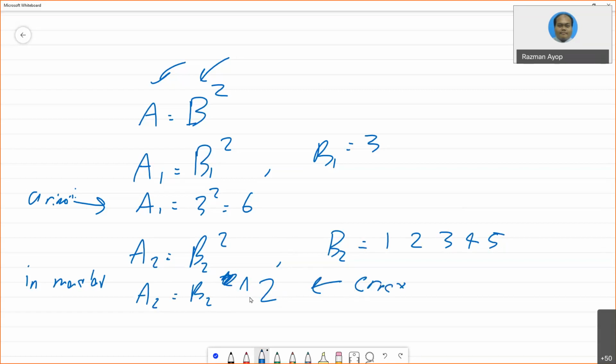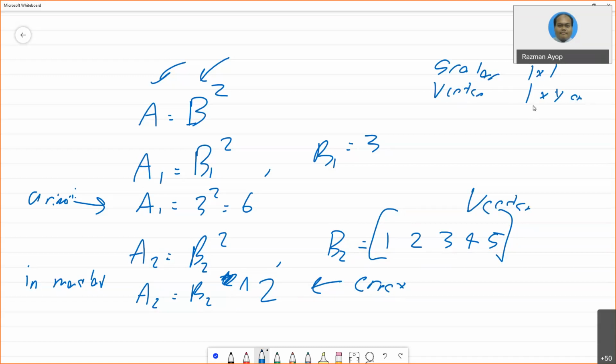You cannot use this because this is a vector. Remember, a scalar is a 1 by 1 matrix. A vector is a 1 by x matrix, or a y by 1 matrix, and an array is a y by z matrix.